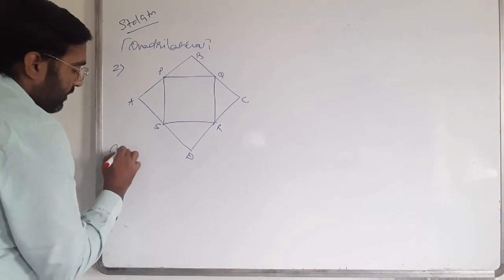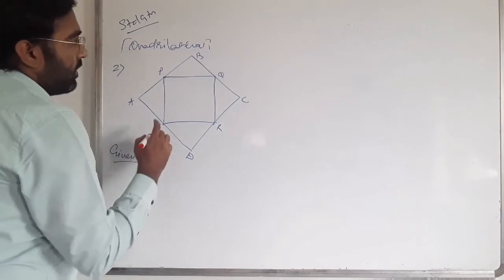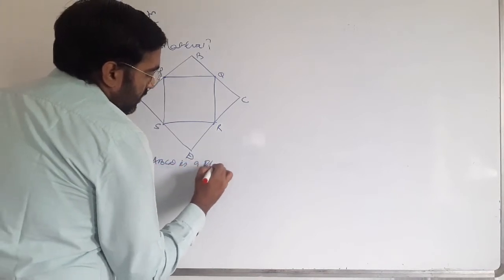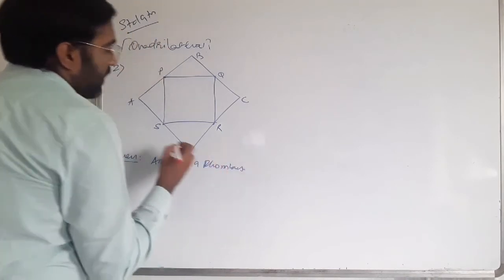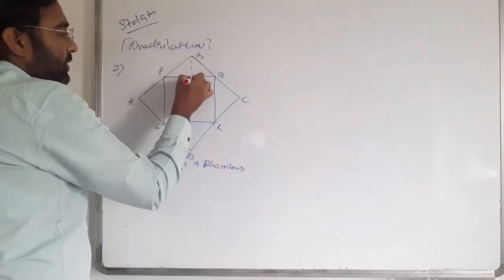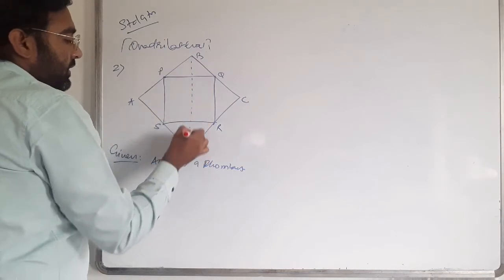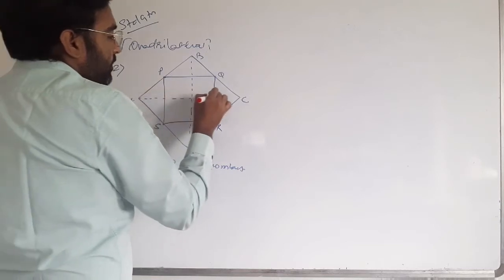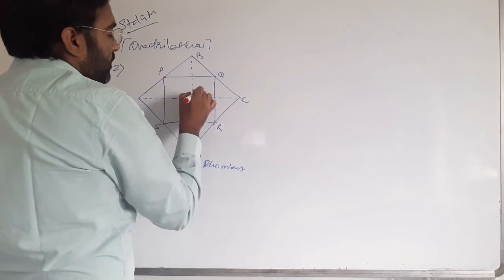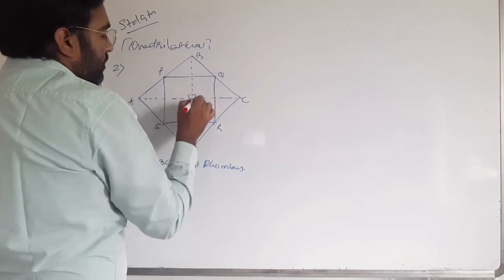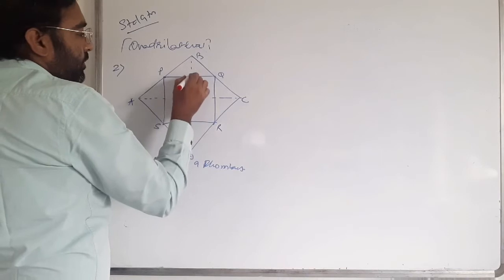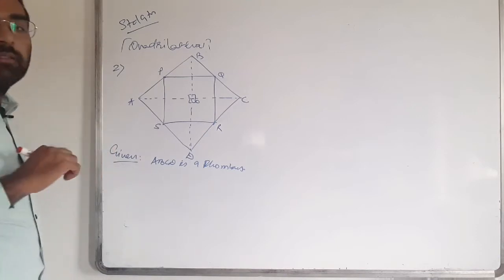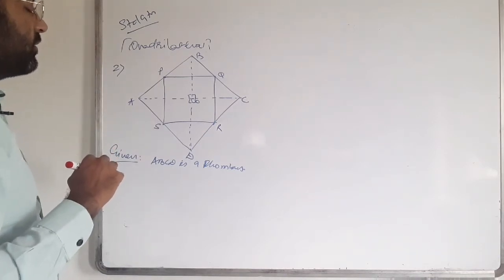So in the given rhombus ABCD, I'll draw on the properties of a rhombus, that is, diagonals bisect each other at right angles.